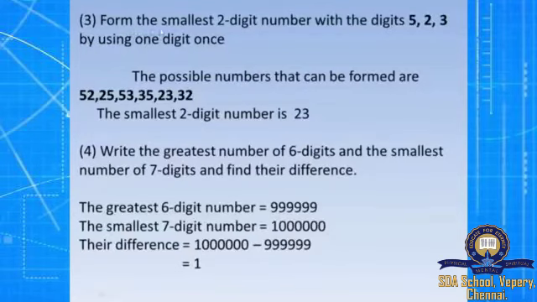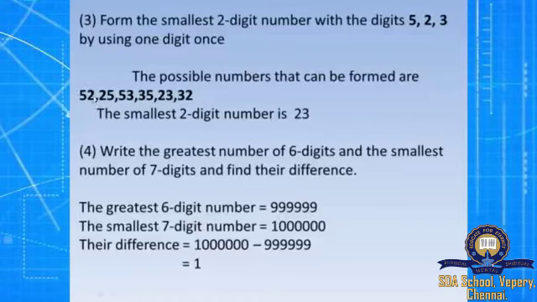Form the smallest two-digit number with the digits 5, 2, 3 by using one digit once. We have to use one digit only once, and we have to form the smallest two-digit number. For that, first we can write all the possible numbers that can be formed with the digits 5, 2, 3. They are 52.